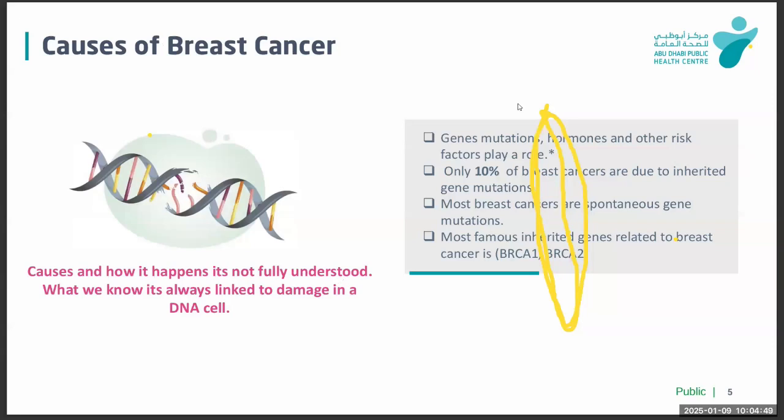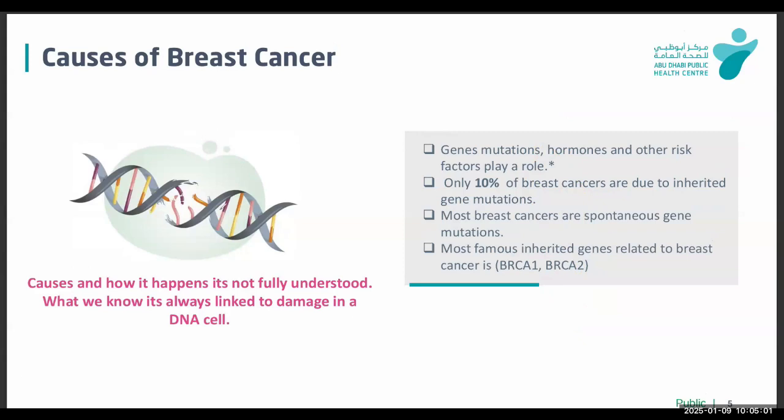So what are the causes of breast cancer? If we speak about the microstructure of breast cancer, there are a lot of causes. Some can be genetic, some can be acquired, like food, lifestyle, smoking, and a lot of factors that contribute to breast cancer.